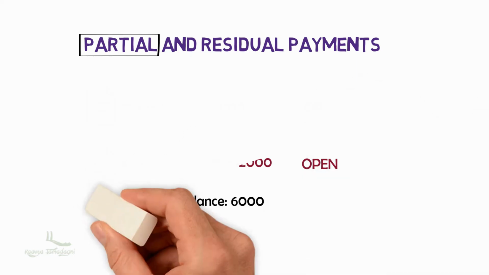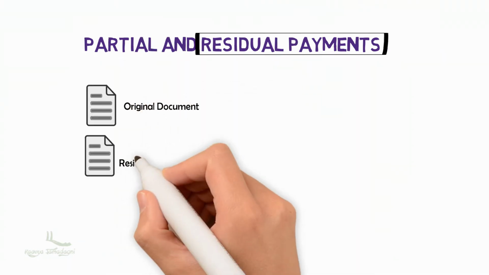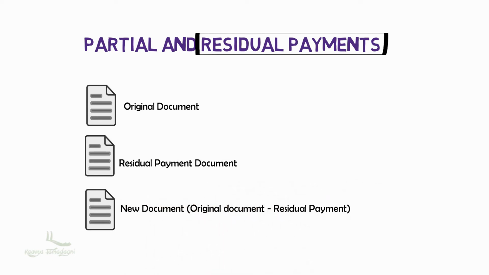Got it? Great. Next comes the residual payments. The residual item in SAP results when a payment is made for less than the actual amount outstanding. That is residual payment. A residual item is created because, in case of the residual payment, the original open item is cleared and the system posts a new open item. This new open item is for the same amount as the original open item minus the amount paid.